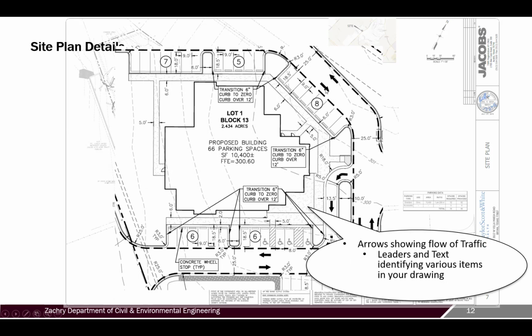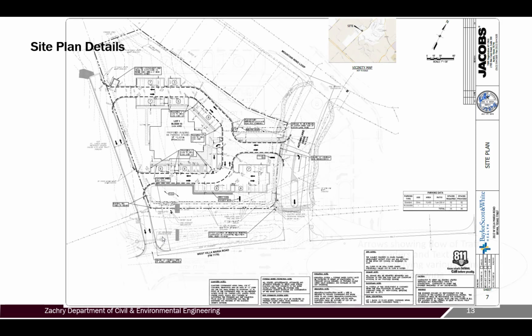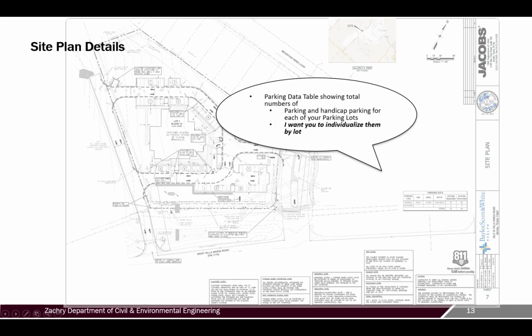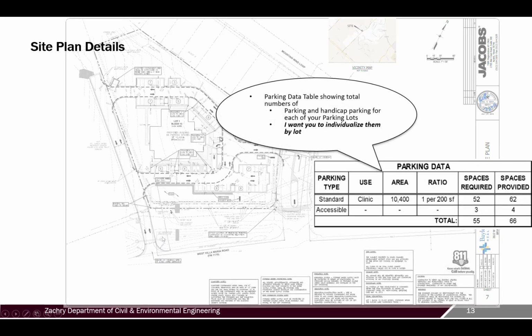You need to show the flow of traffic. So if they're pulling into your lot, is it a one-way direction? Is it a two-way direction? You show the flow of traffic as far as that goes. And then if you are having a parking lot, there's actually rules depending on what the building is on your parking lot spaces.